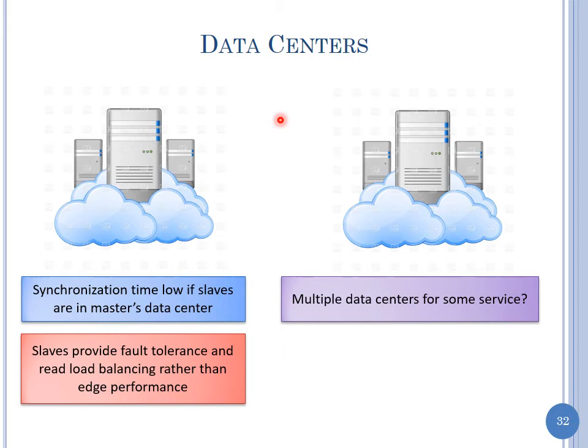And in North Carolina, we might have a master with a few slaves. But can you imagine having, for the same service, a data center in India, a data center in China, a data center in the US, with a master in each data center? That's going to cause some problems.